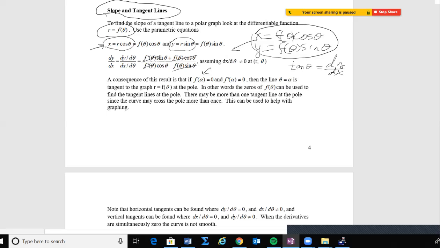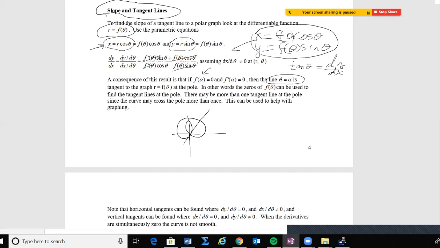Okay, so that's the line theta equals alpha. Whatever that slope is. Anyway, what it means is that if we have graphs that look like this, for example, let's say a graph comes in and maybe it looks something like this, and it crosses here at the pole, we can get those tangents.